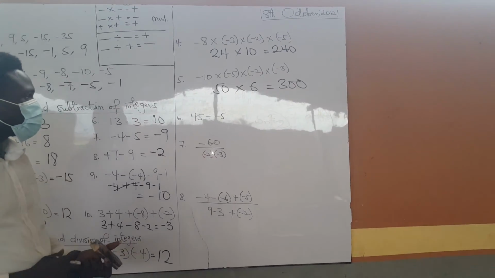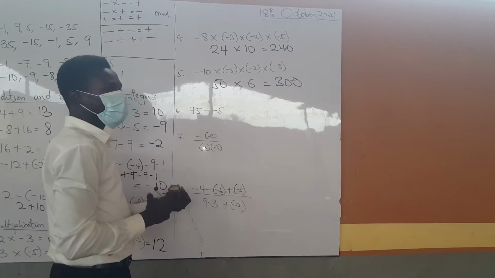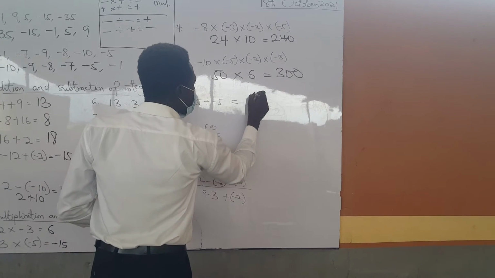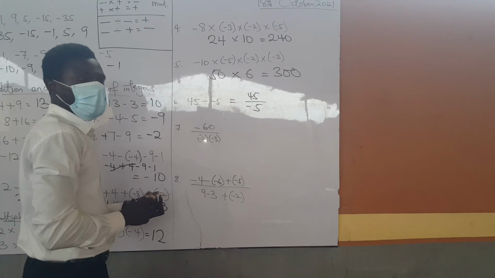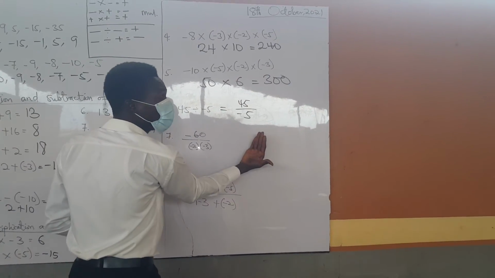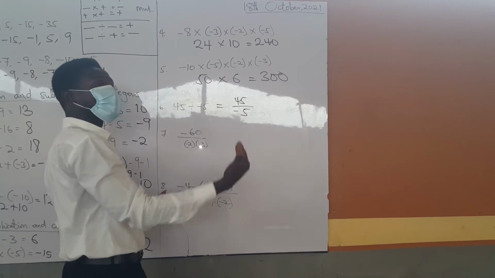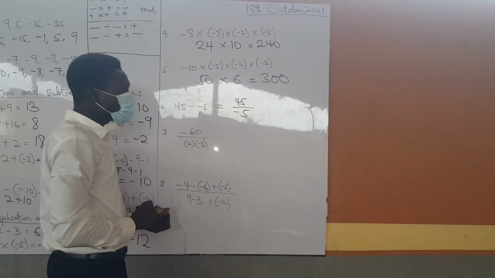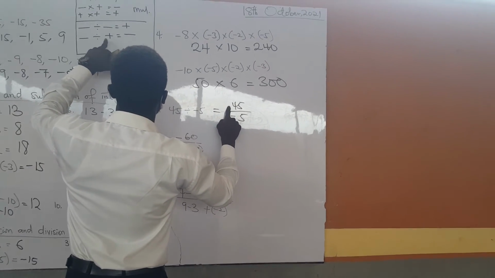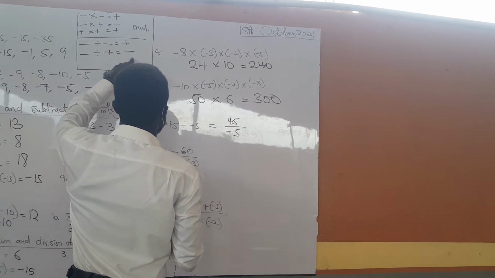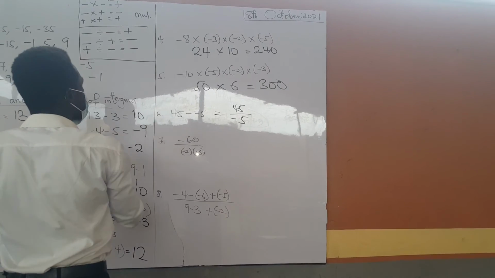Then you come to the next one, which is division. 45 divided by negative 5 can be written as 45 over negative 5. You just do your division and check if the numerator can divide the denominator or if the denominator can divide the numerator. Looking at this, we are told that negative divided by positive is negative, and also positive divided by negative is the same as negative.